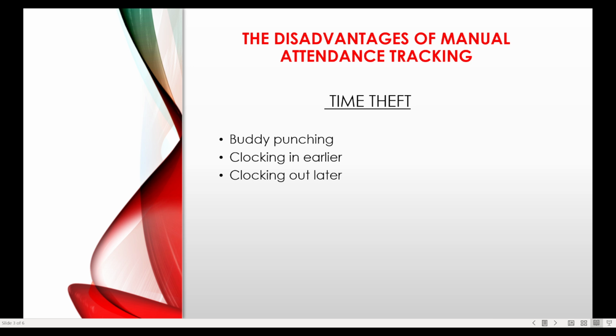The second one is clocking in earlier. So let's say a student comes in late, and there's nothing in place to check the time that the person is logging in. So he can actually lie about the time he arrived in class, and that is something which is wrong, and wouldn't be of help to the class, and the lecturer wouldn't really know the punctual student.